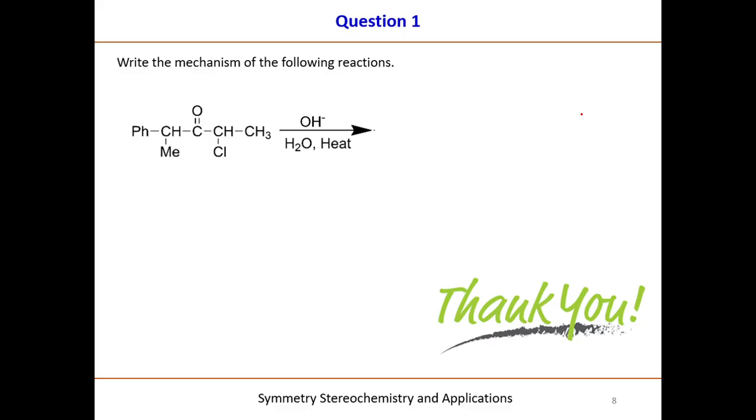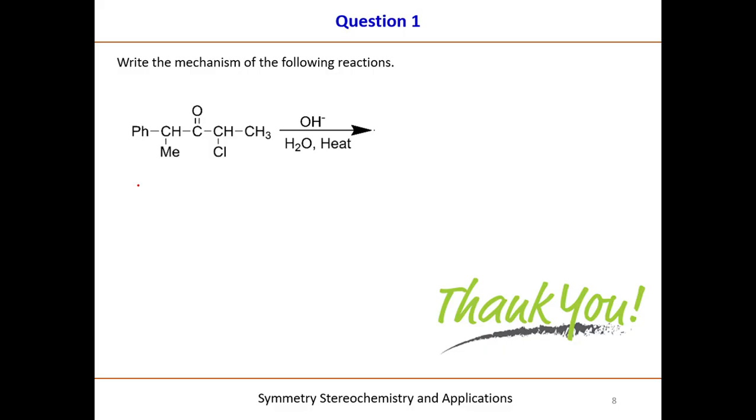So in this reaction you can see we have an alpha haloketone.